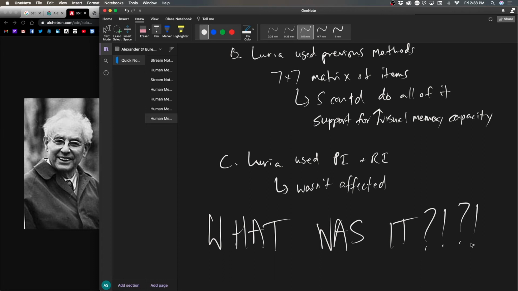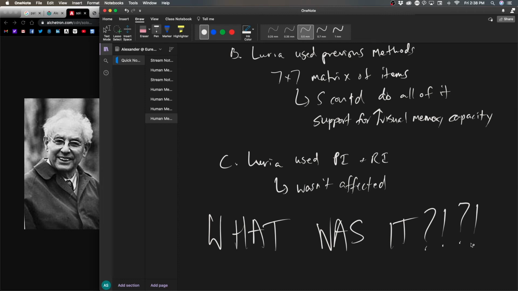What do we not know about S here? Somebody maybe take a guess, with the whole not affected by proactive interference, retroactive interference.